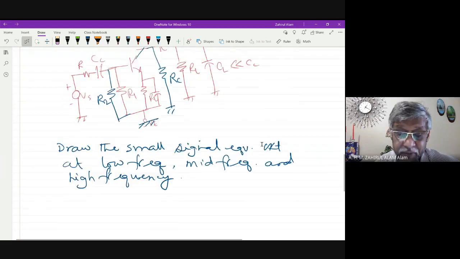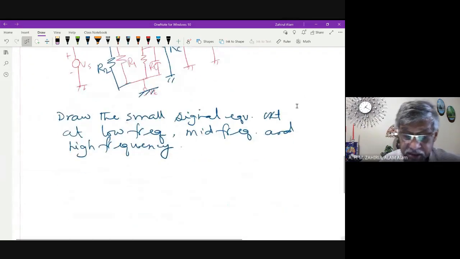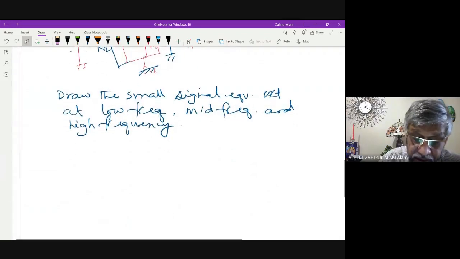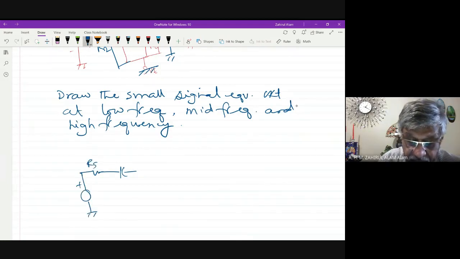So we copy this. Now I draw the low frequency AC equivalent circuit.